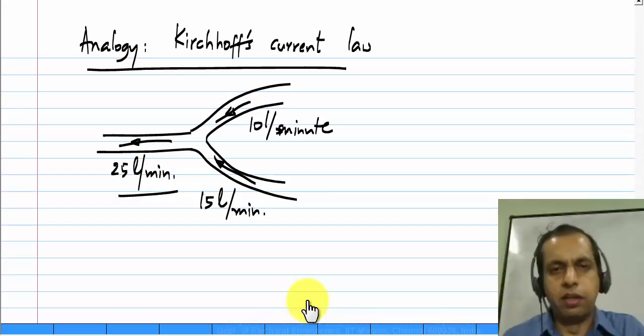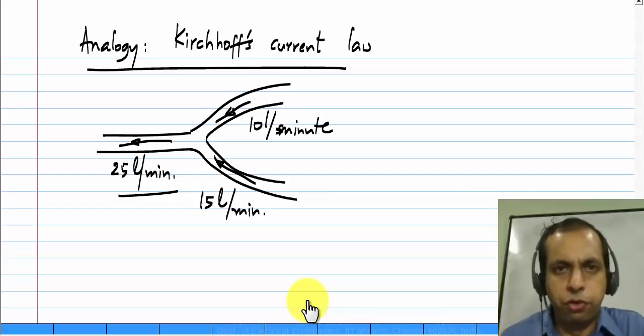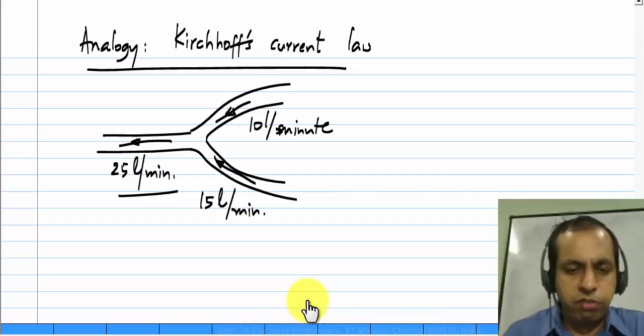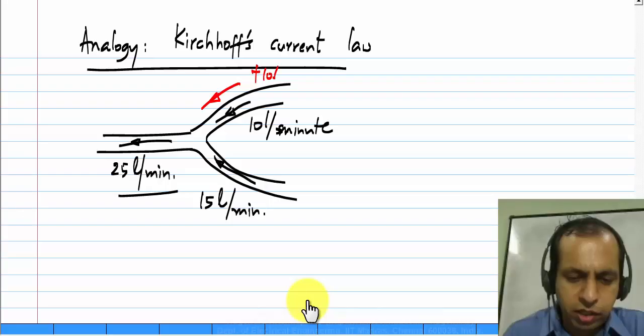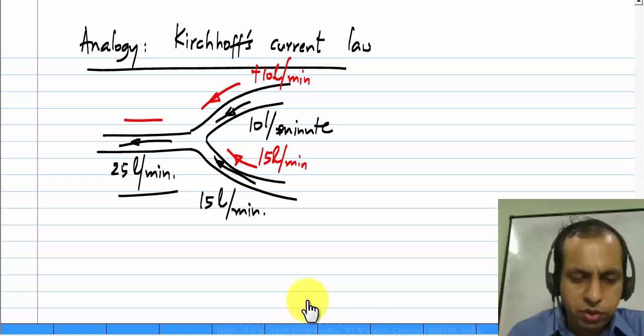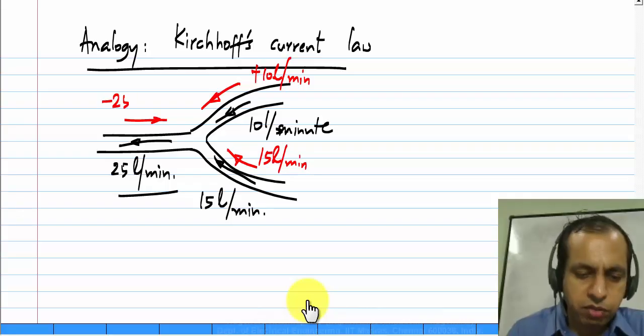The way we stated Kirchhoff's current law is to take flows only towards the node. So if we do that for this, we can say that water is flowing here at plus 10 liters per minute and here at 15 liters per minute. And if we have to take this flow also in this direction, we know that water is going out, but in this direction it is minus 25 liters per minute.